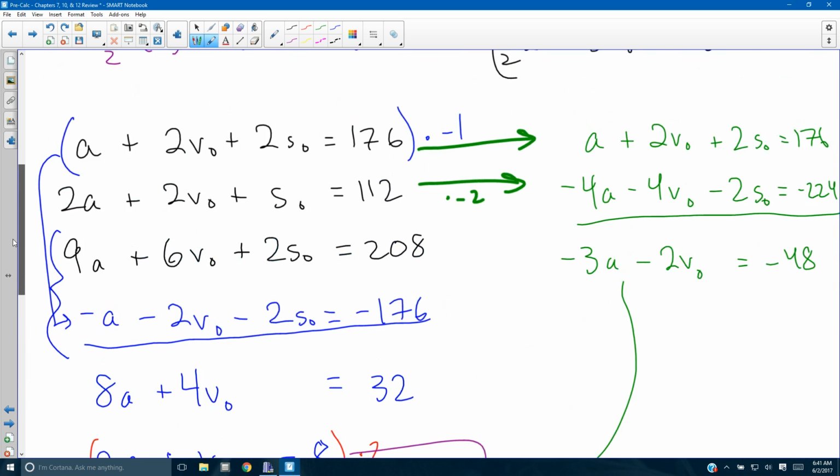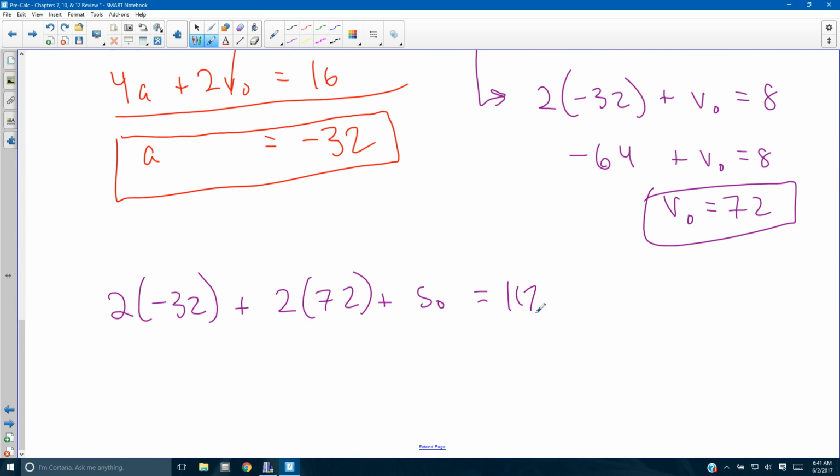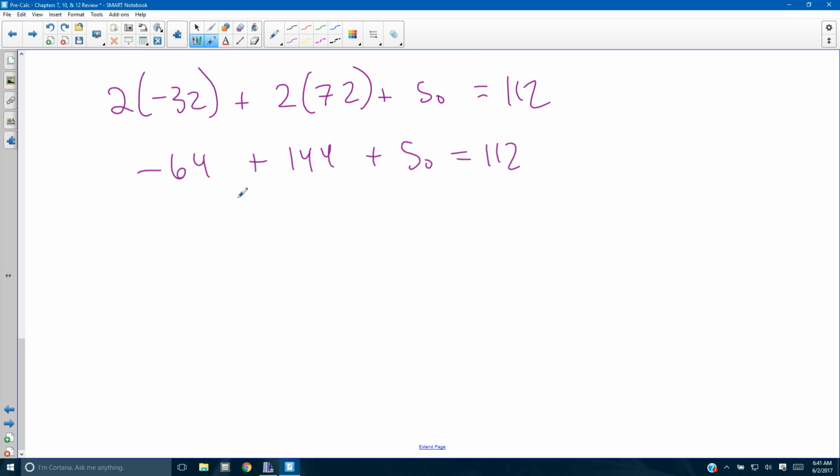That's -64 plus 144 plus s naught equals 112. That's 80 plus s naught equals 112. So s naught equals 32.